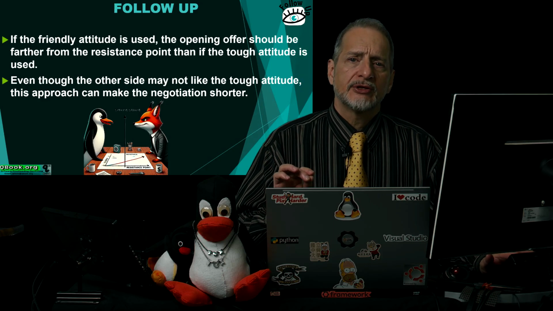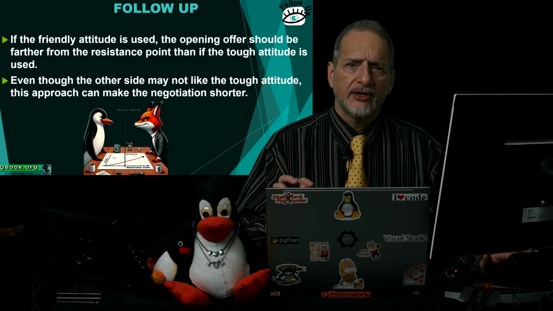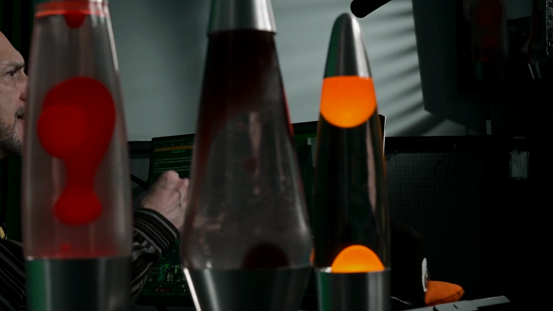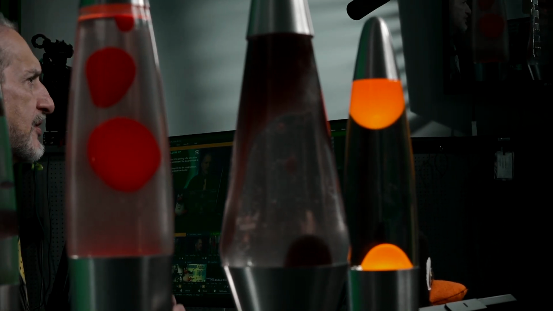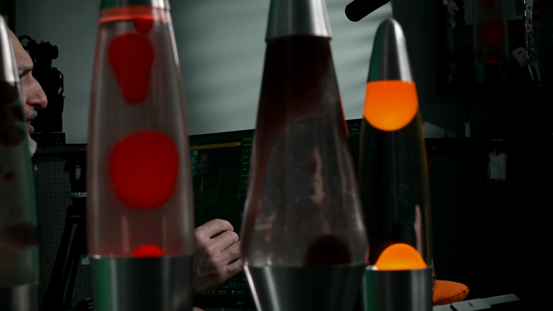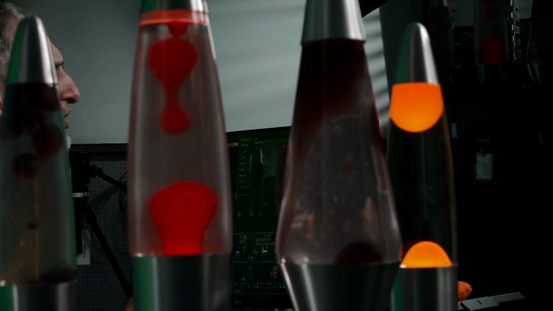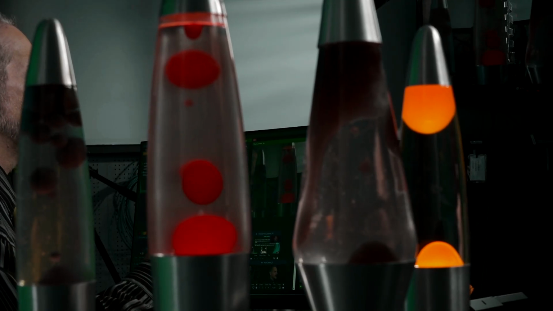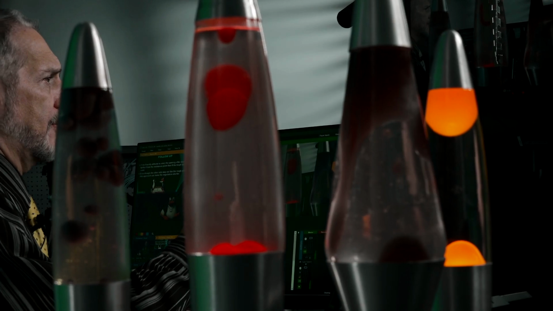Remember, negotiation is a process. You have to give things up to move forward. You cannot give nothing ever. The goal in distributive bargaining is to give up less and get more.